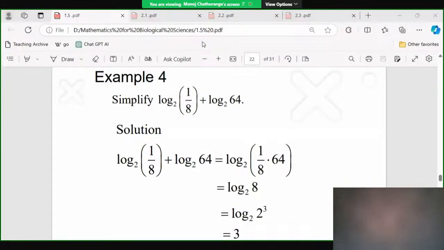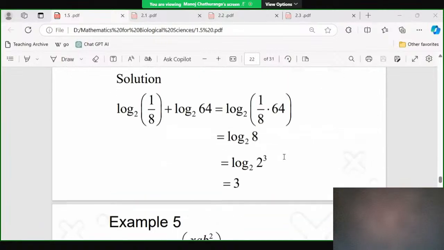Remember, the sum of two logarithms means the product of the things inside a single log expression with the same base. So this is the same as log base 2 of 1/8 times 64, so log base 2 of 8. You can write 8 as 2 to the power 3.